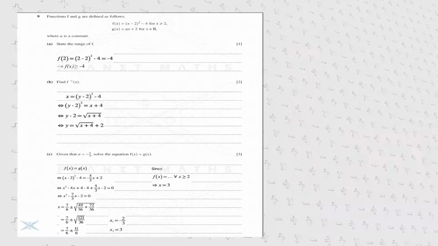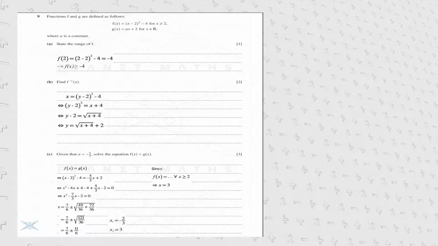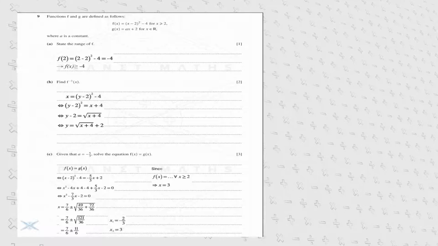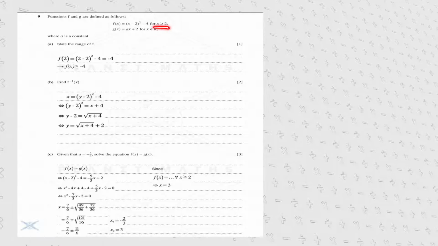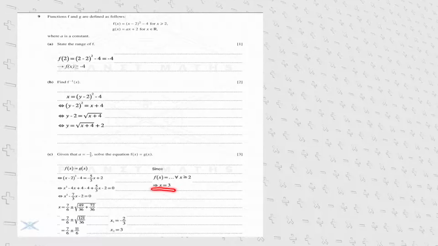Using the formula provided, and after simplifying our equation, we will be able to conclude that x is either negative 2/3 or 3, but since, as per definition, f of x is only defined for x being 2 or larger, we can conclude that this equation is solved only for x equals 3.